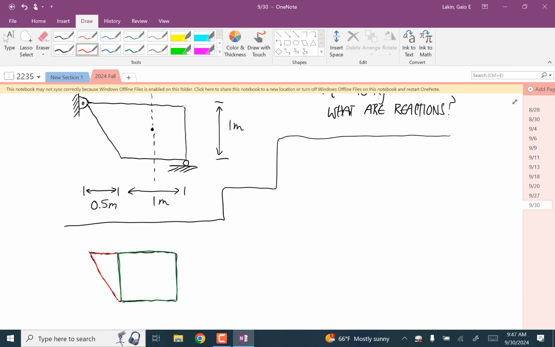I guess actually it'll make it a little simpler to put the coordinate system right here. So that's what I'm going to do. It's not a big deal wherever you choose it, but you're going to want to stick with it for the whole problem. This distance is 0.5. This height is 1, 1, 1. I'll call this square shape 1 and this right triangle shape 2.